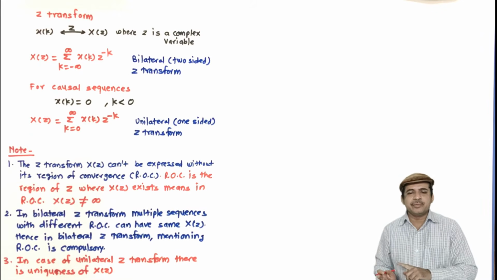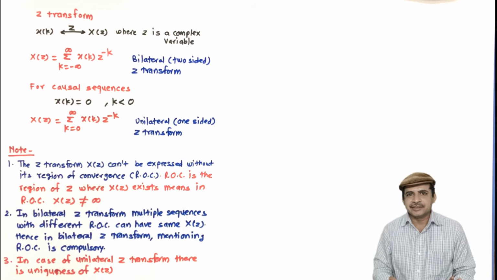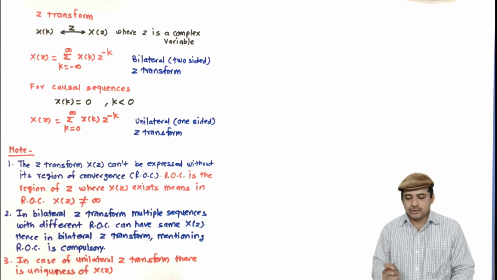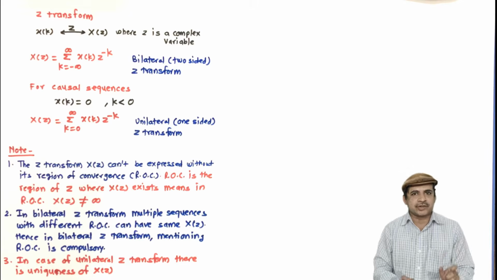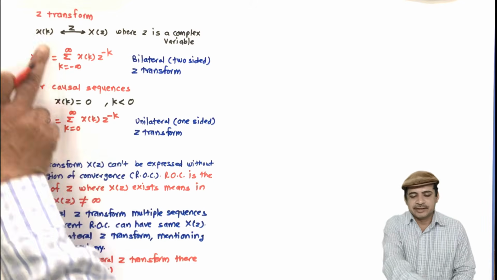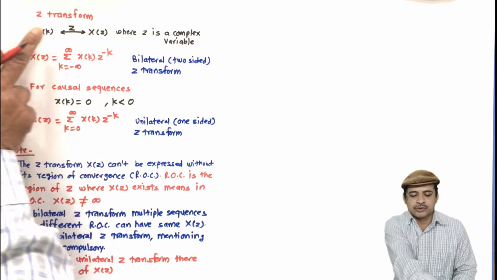So even if you don't mention ROC, in case of unilateral Z transform, it will do, because there is uniqueness. For one x of k, there will be a corresponding one x of z, and for that one x of z, there will be only one x of k. x of k to x of z and x of z to x of k.